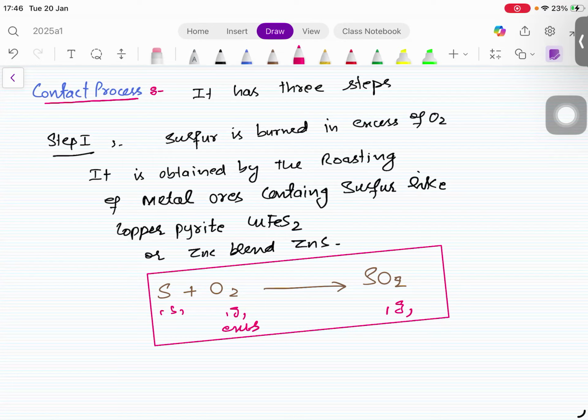Step 2, the sulfur dioxide is purified. The one that is prepared, it is purified.